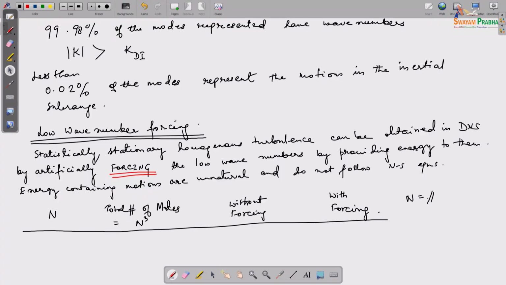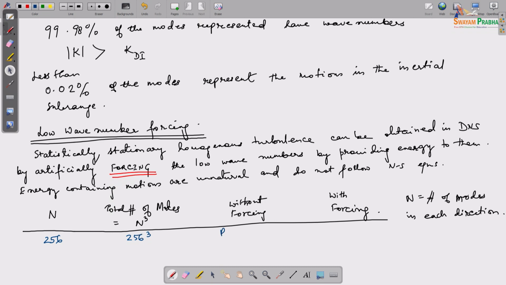So here n is essentially the number of motions, or modes, in each direction. I have two examples here. Say n is 256, so the total number will be 256 cube.